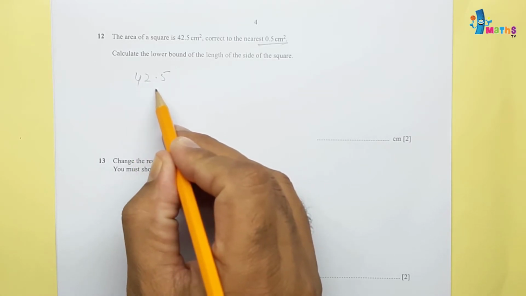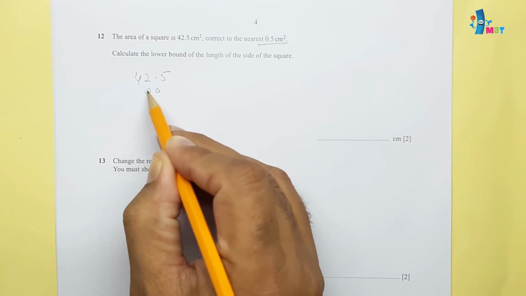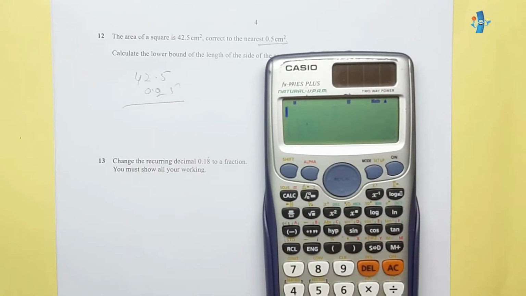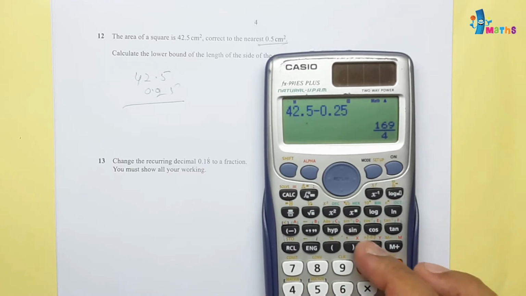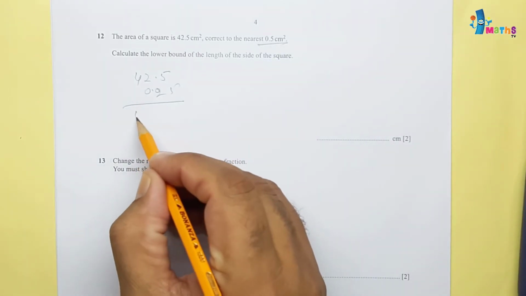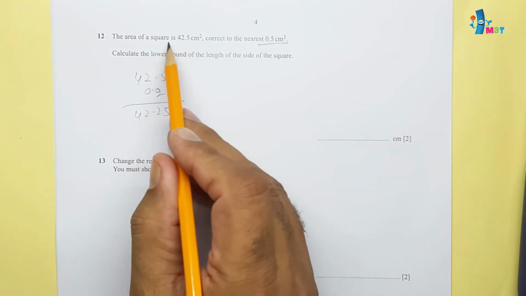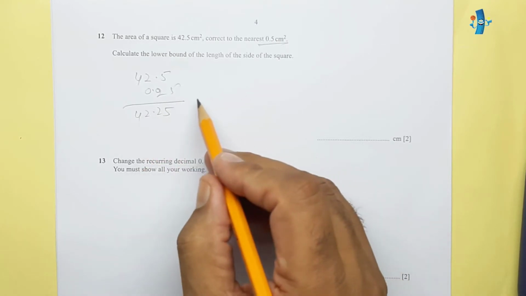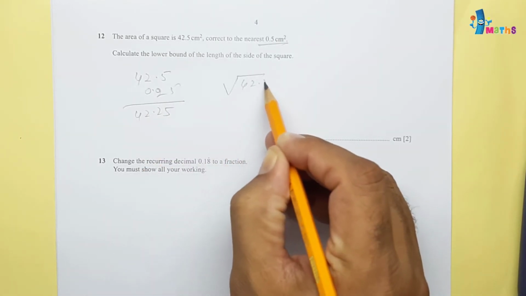So 42.5 minus 0.25 will be equal to 42.25. This will be the lower bound of this area, and the side will be the square root of this one, square root of 42.25.